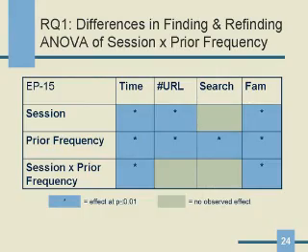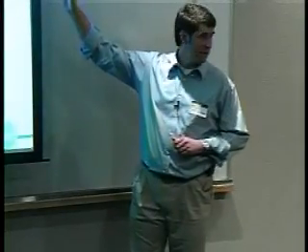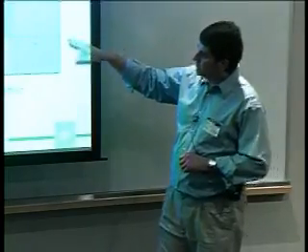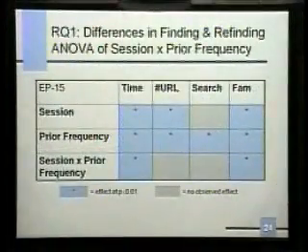Okay, so let me show some results on looking at the prior frequency as the indicator of refinding. This is basically the same analysis we did before, but just using prior frequency instead of using the task. What we found here was that, again, time and familiarity were significant.